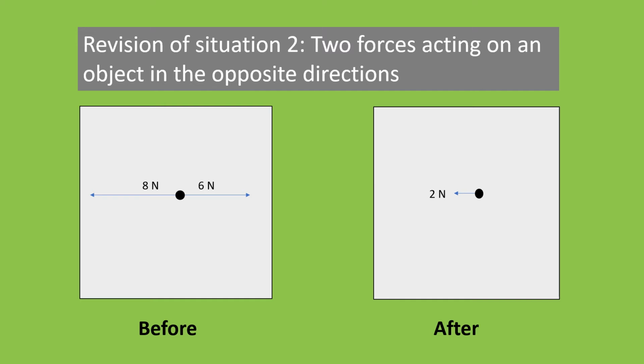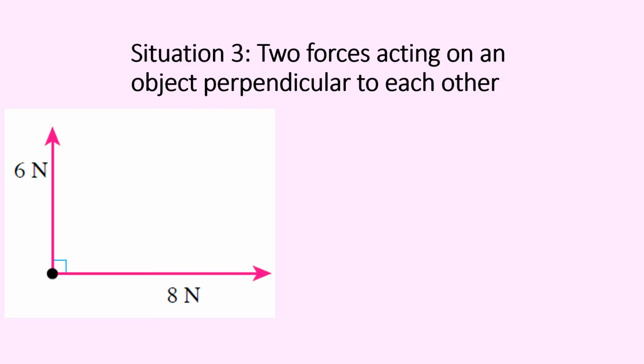You notice that 8 Newton is larger than 6 Newton, so our resultant force should follow the direction of the bigger force. Since our bigger force, which is 8 Newton, is acting to the left, our resultant force is also acting to the left.